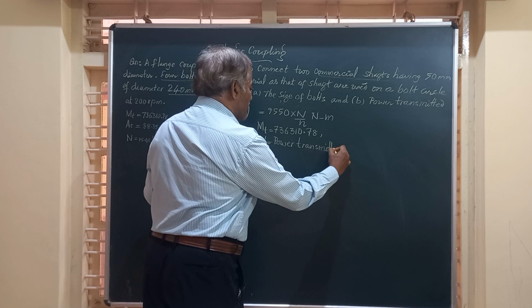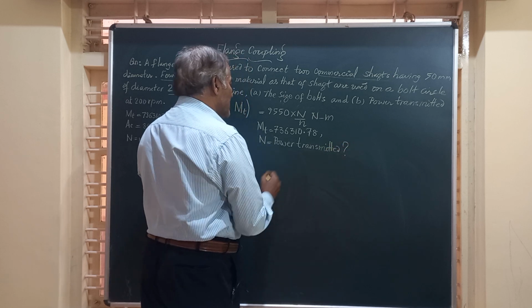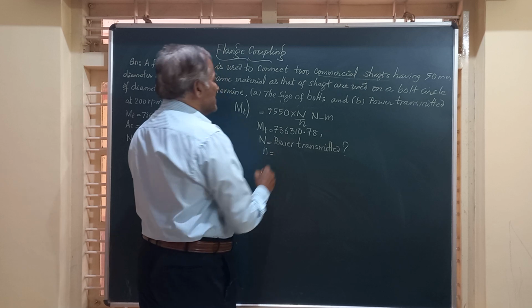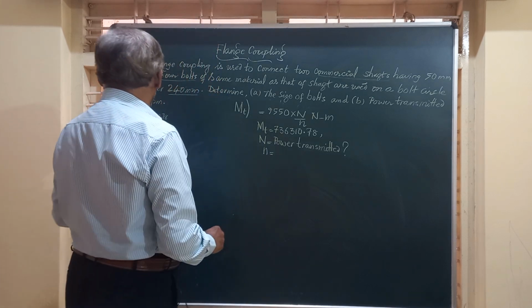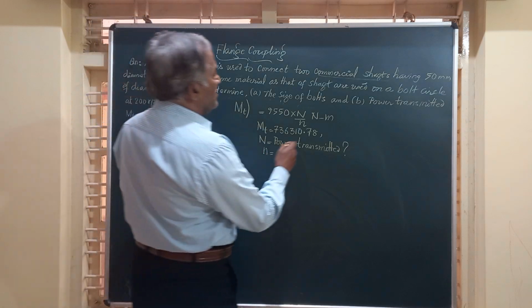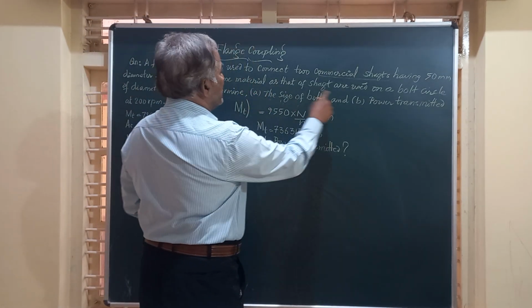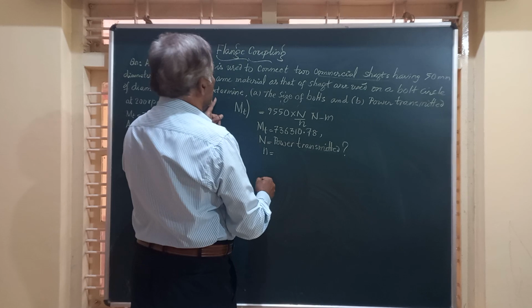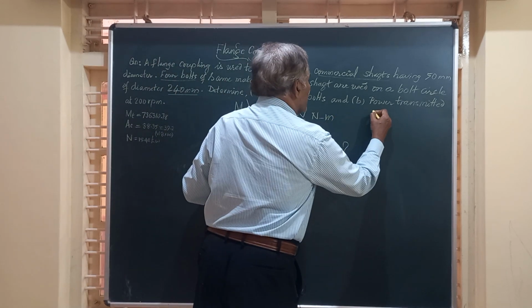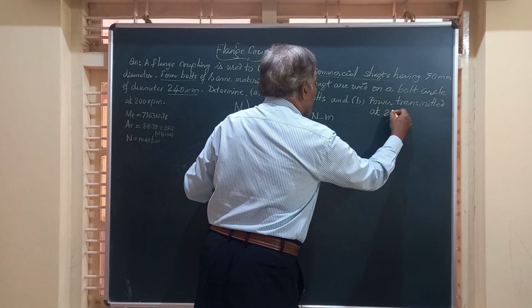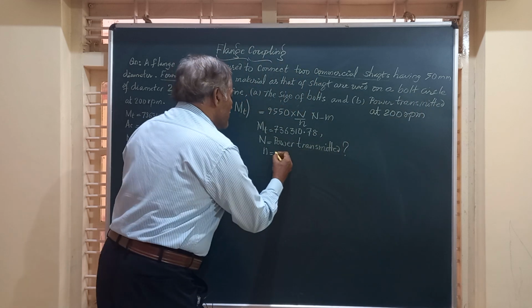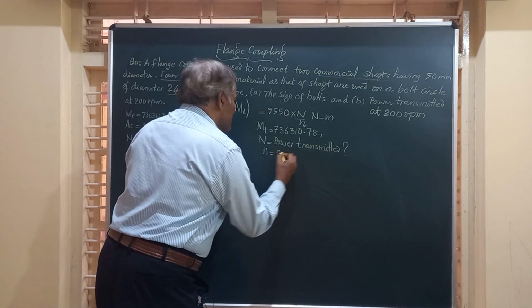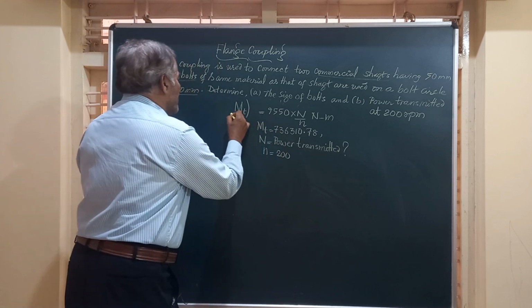That is to be found out, that's under question mark. And small n is the speed of rotation, or the RPM, which is to be determined at 200 RPM. Power transmitted at 200 RPM. So we say 200. Friends, let us substitute in this formula.